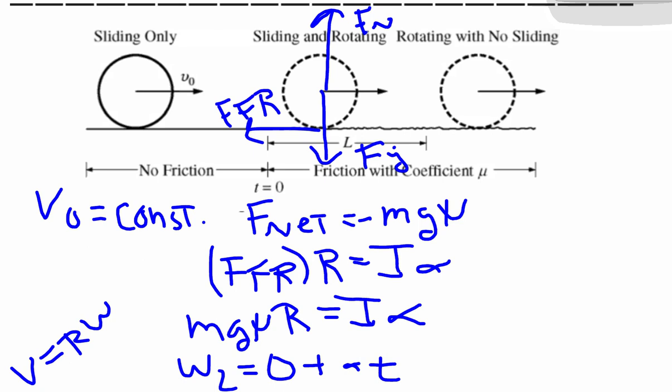It is causing clockwise torque, but I kept it positive because it means that the wheel is going to start spinning faster. And of course, when it's rotating and no sliding, then we of course just have v equals r omega in this case. Why? Because the wheel, of course, is rotating at the same time the surface is moving past it.